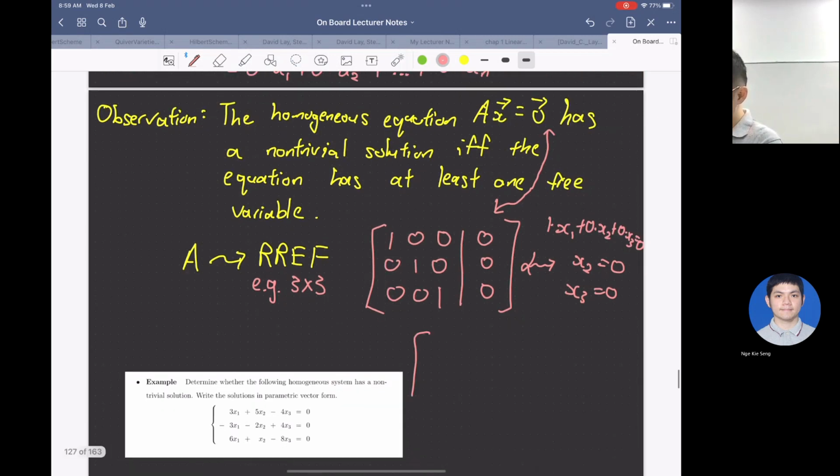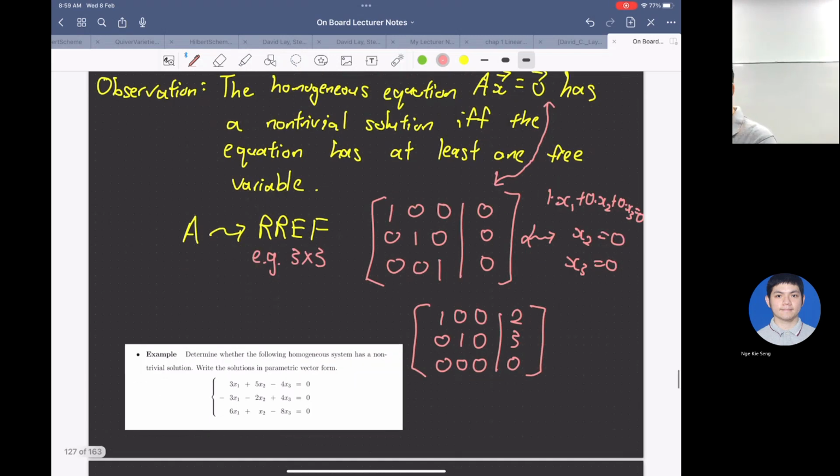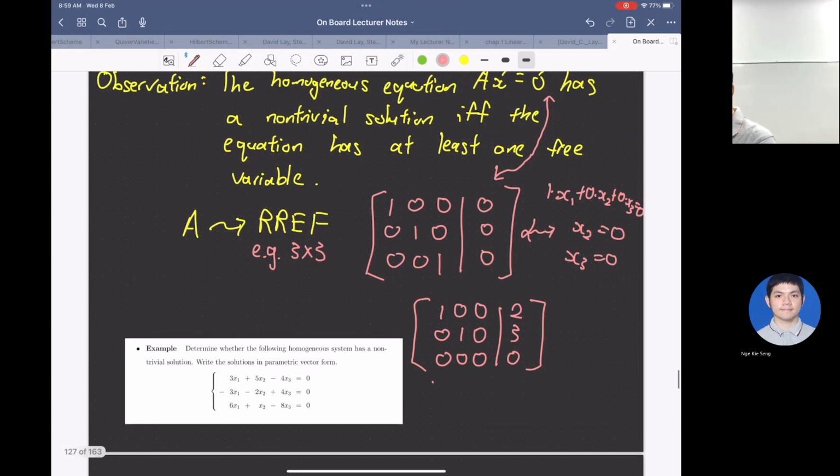But if, as in yesterday's example, you have a row of zeros, then you can get a non-trivial result. Let's give an example like this. Remember how to read the solution? x1 equals 2, x2 equals 3, and x3 is free.